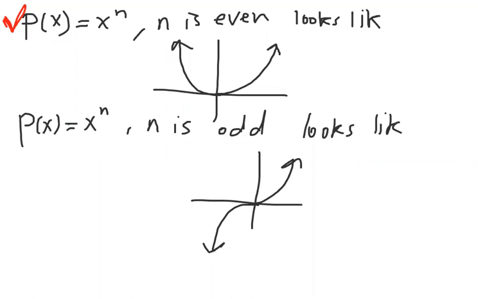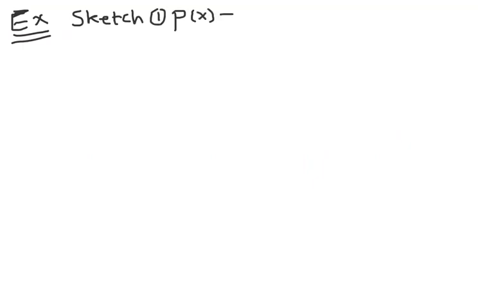So this is the first point in this section. Now I give you an example. The question is: sketch the polynomial functions. The first one is b of x equals minus x to the 3.